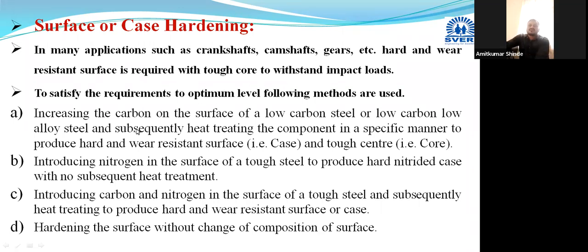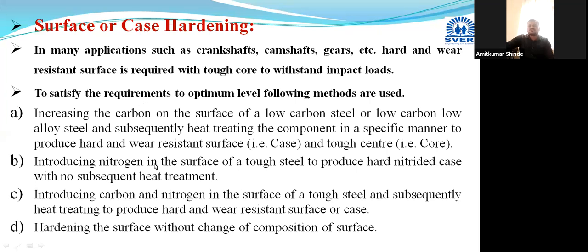So here we are going to do surface hardening. We are going to take low carbon or low alloy steels and do their surface hardening or surface heat treatment process.